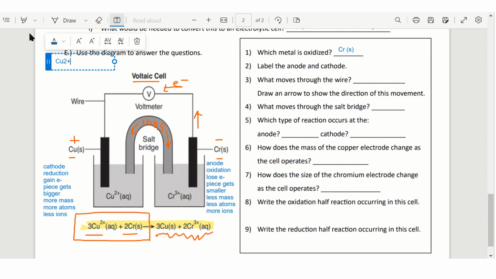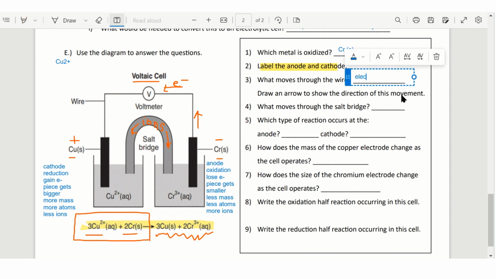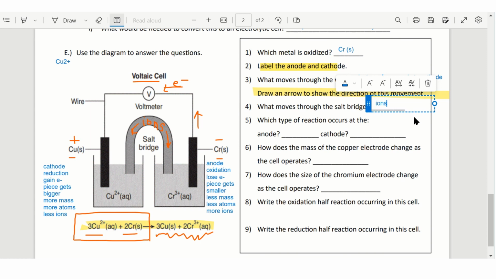Label the anode and cathode. I did that. What moves through the wire? Electrons, from anode to cathode, right? Just as a note. Remember, fat cat, from anode to cathode. Draw an arrow. I did that already, so that was done. What moves through the salt bridge? Ions.